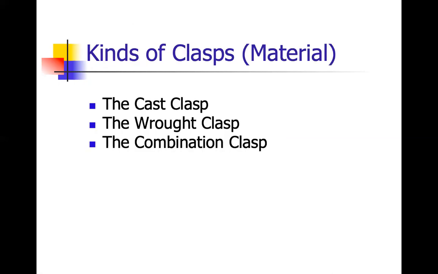Clasps are classified in three categories based upon the type of material used. They are the cast clasp, the wrought clasp, and the combination clasp.